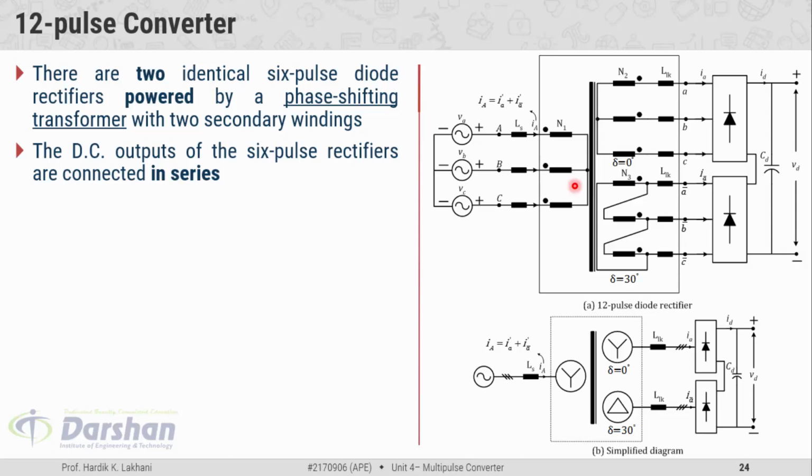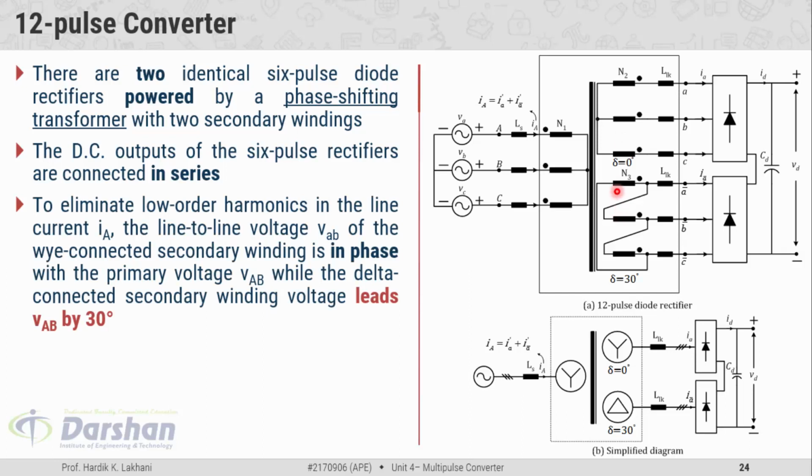On the primary side the winding is in Y fashion, but on the secondary side there are 2 windings and both windings are of different type. The first winding is in Y fashion and the second winding is in delta configuration. In the diagram, this delta represents the phase displacement. Delta equal to 0 means the phase displacement between the primary side line to line voltage and the secondary side line to line voltage is 0.